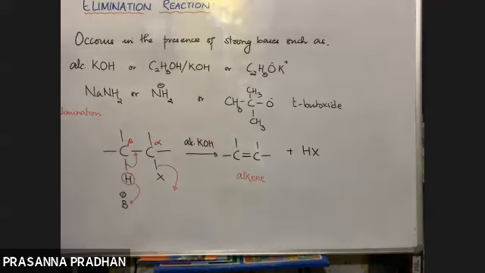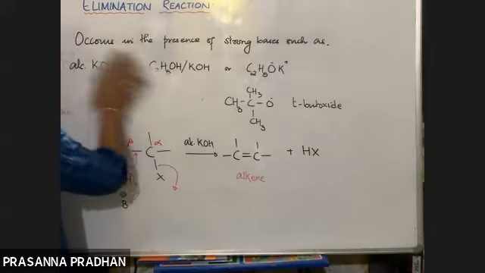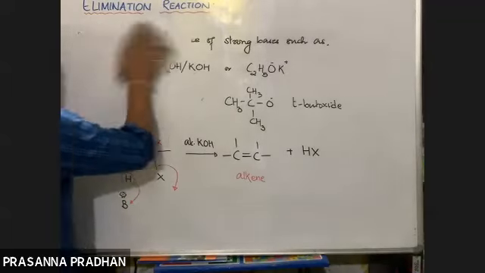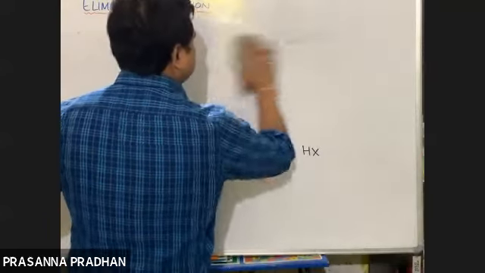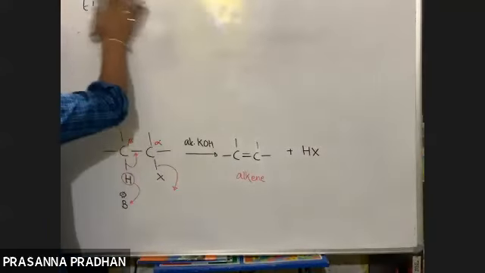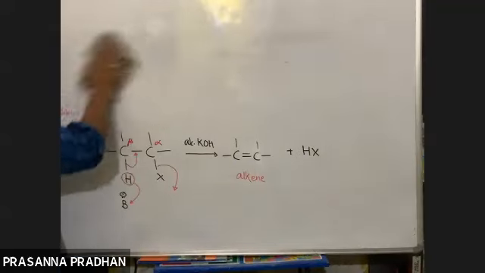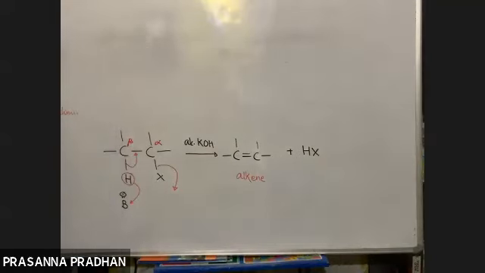Now see, I'll give you some reactions which you can easily solve on your own. Let us clear a concept right away. From the alpha carbon halogen, and from the beta carbon hydrogen.